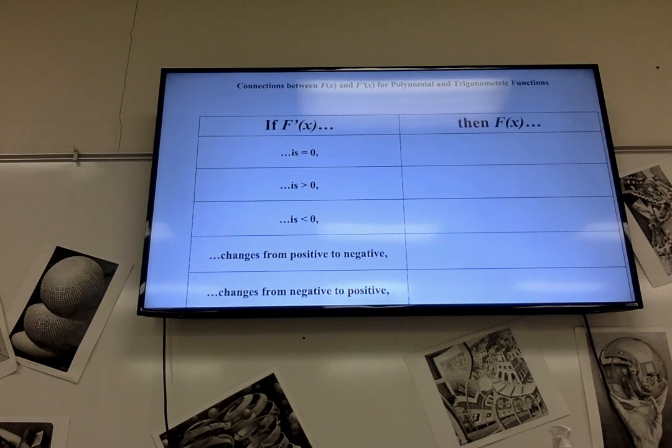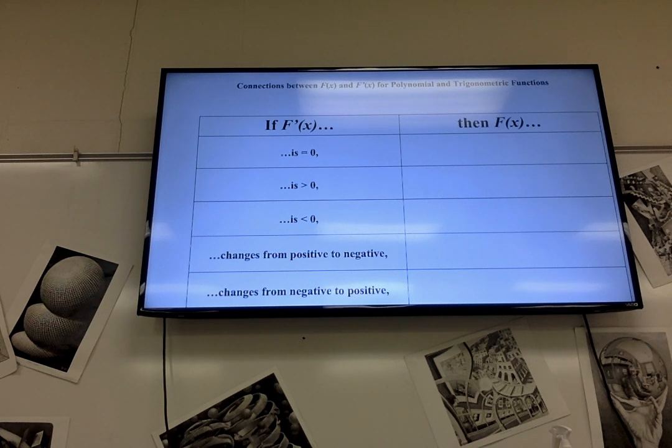There we go. Here's where we are. Now we're going to start making connections between f prime of x and f of x. This is super important, and we kind of already did it. It was on one of our homeworks that we just went over. You just figure out what's going on. So let's think about that.